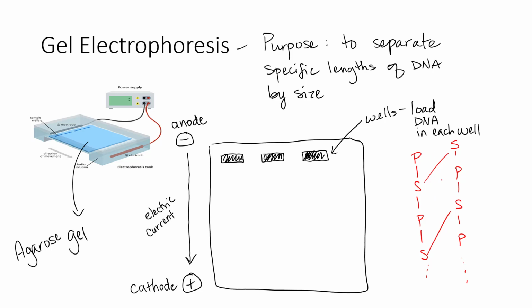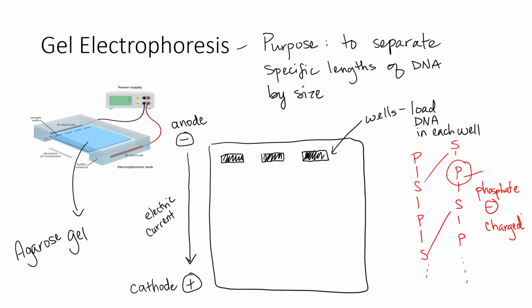So recall the phosphates. So the phosphates are negatively charged. So that actually is important to remember because that's going to explain why the DNA actually gets pulled towards the positive or the cathode end when this current starts flowing through the gel.